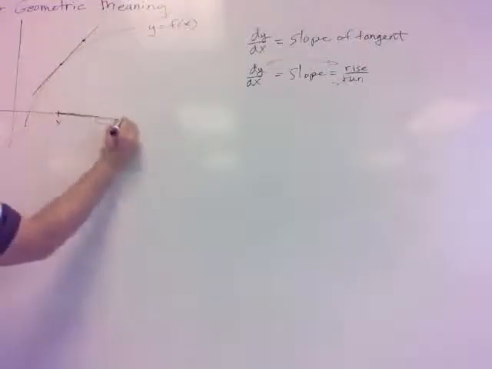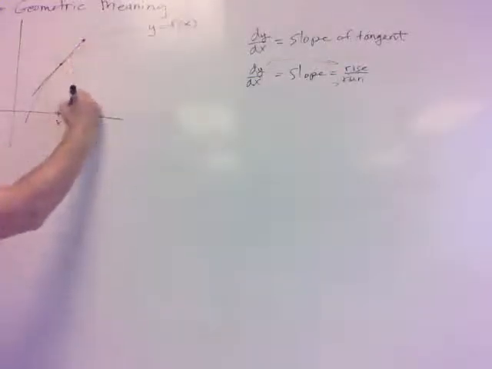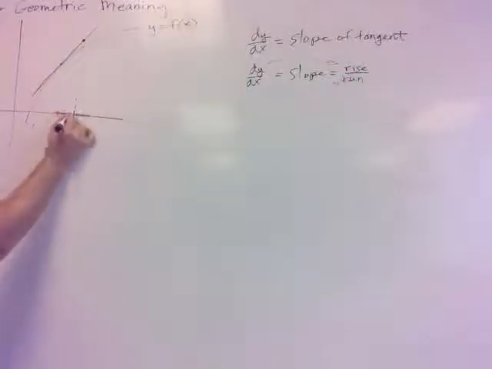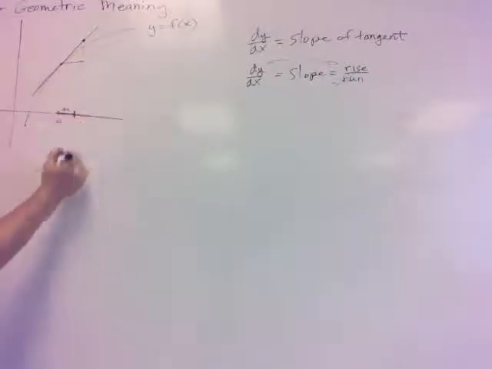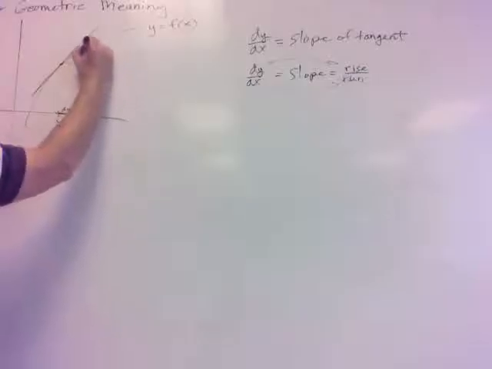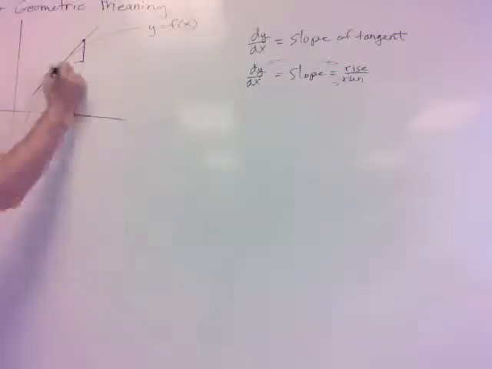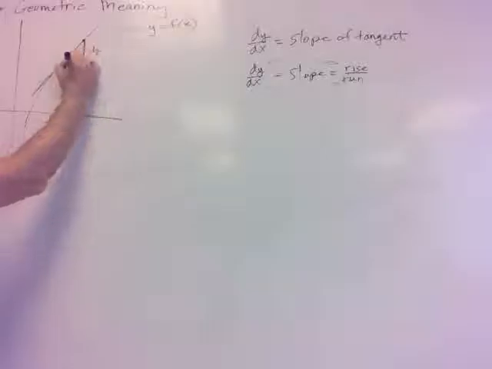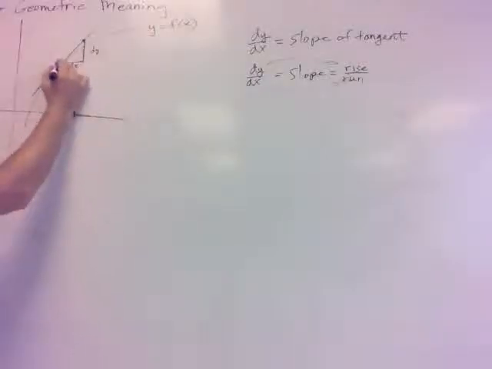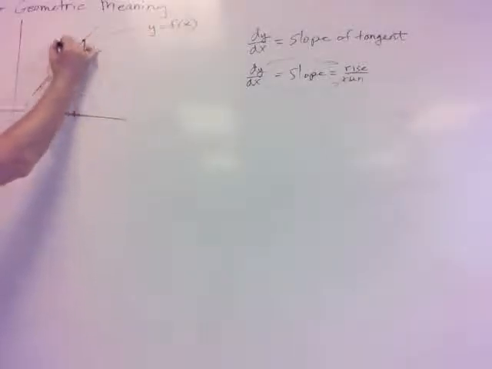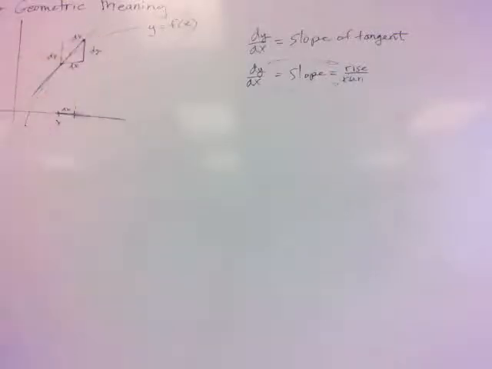And so wouldn't this from here to here, wouldn't that distance there be dx? And this, what would this be? Wouldn't that be dy? Okay, so usually we do rise over run, so that's dy and that's dx, but also we could put that over there. Okay? All right. There you go.